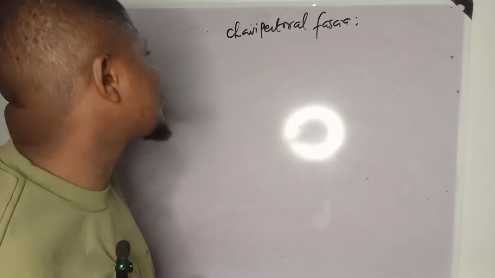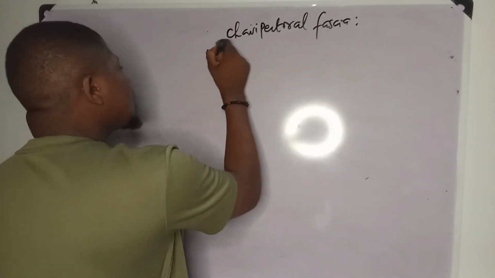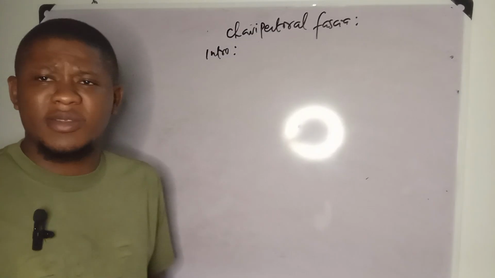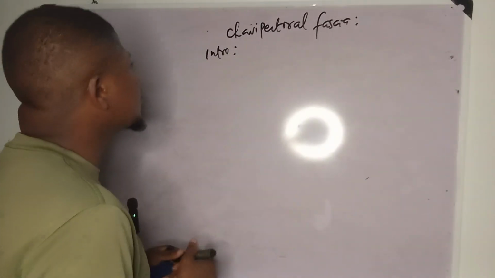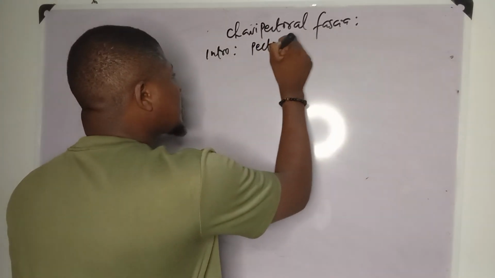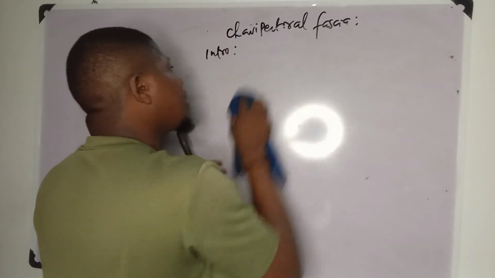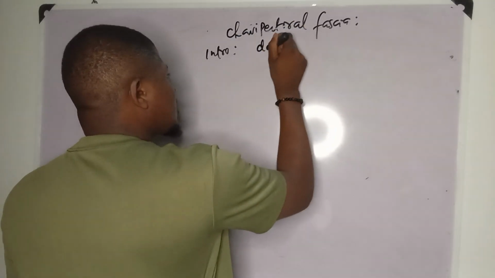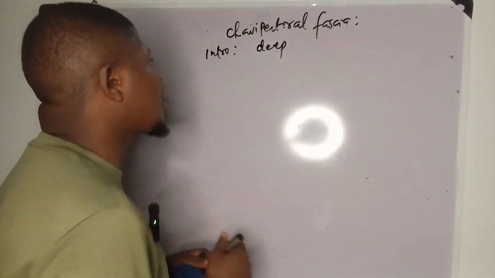So what do you have to know about this? The first thing is an introduction. Students, take notes; it will come out for you and stay short. Clavipectoral fascia introduction: it is a deep fascia of the pectoral region, because I have two deep fasciae of the pectoral region, pectoral fascia and clavipectoral fascia.